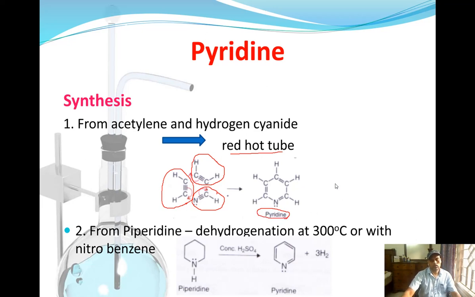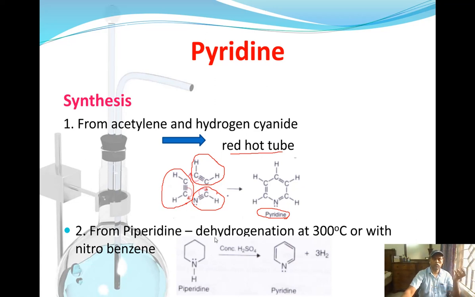The second method of synthesis is from piperidine. What is piperidine? It is a hydrogenated product of pyridine, a saturated product of pyridine actually. So if you get piperidine at a lesser cost than pyridine, you can prepare pyridine from piperidine. Because it is a saturated or hydrogenated product, you have to dehydrogenate it.